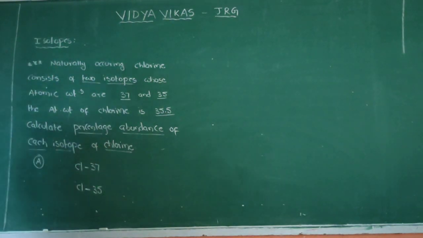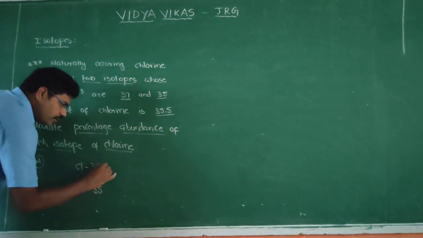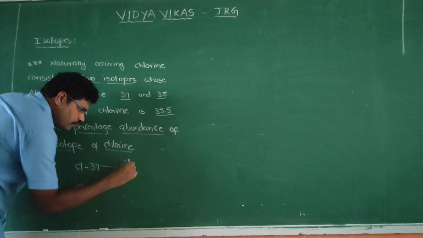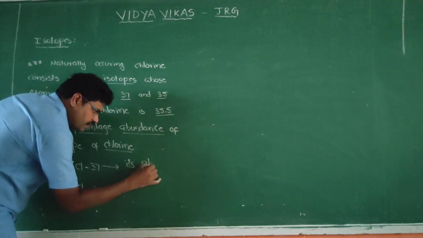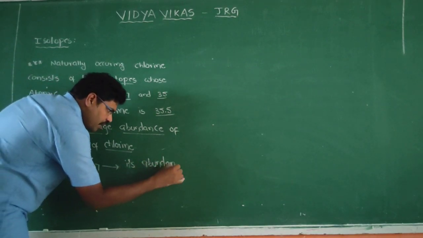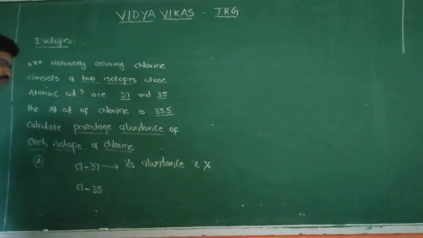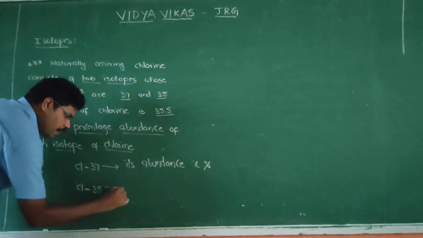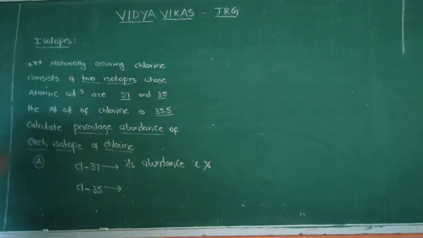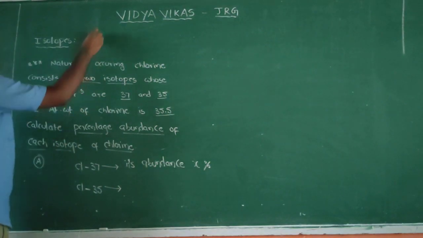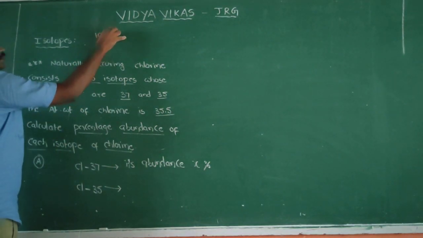Keep in mind, students, just imagine the chlorine 37 isotope's abundance. For our convenience, say its abundance is some X percentage. What about chlorine 35 abundance, sir? We already know, dear students, the total abundance of all isotopes of one element is absolutely 100%.